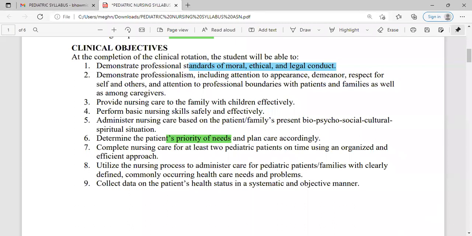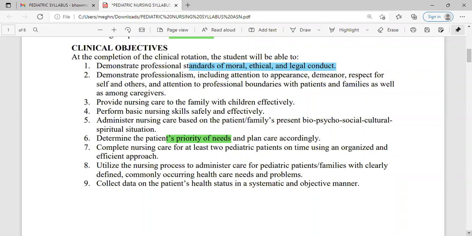So when we go through the system, particularly clinical rotation, we have to have objectives, and these are our objectives. We will learn in a systematic, standard way.